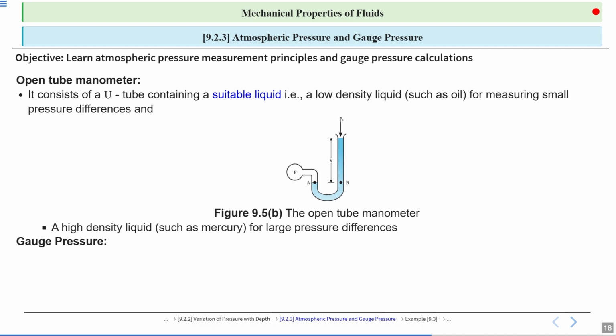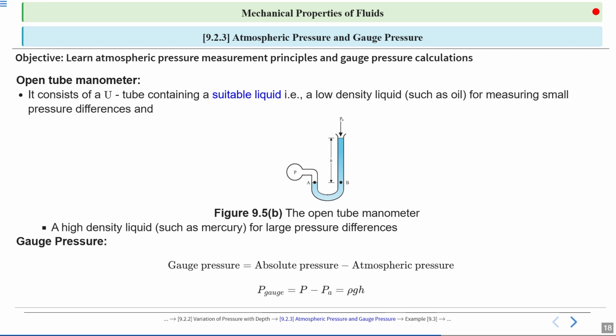So now gauge pressure. Gauge pressure is the pressure relative to atmospheric pressure. So the formula for gauge pressure is: gauge pressure is equal to absolute pressure minus atmospheric pressure. This equation shows us that gauge pressure is essentially the difference between the total pressure and the pressure exerted by the atmosphere.